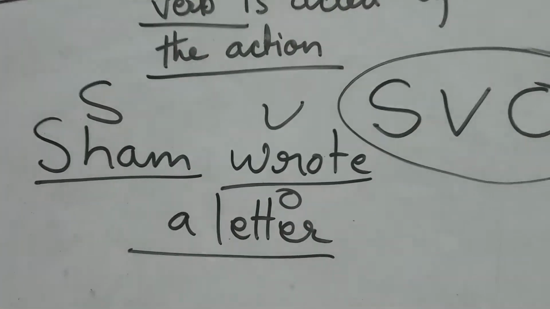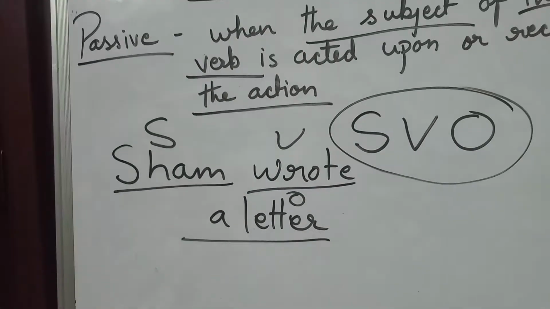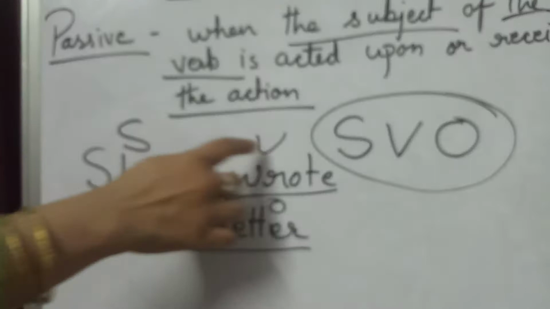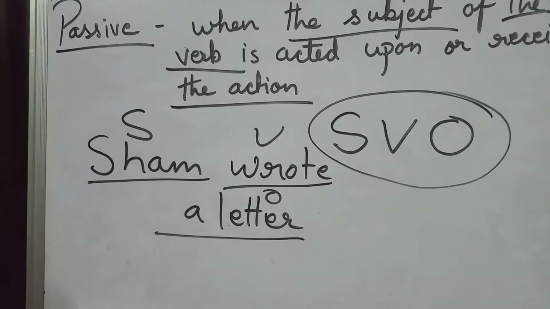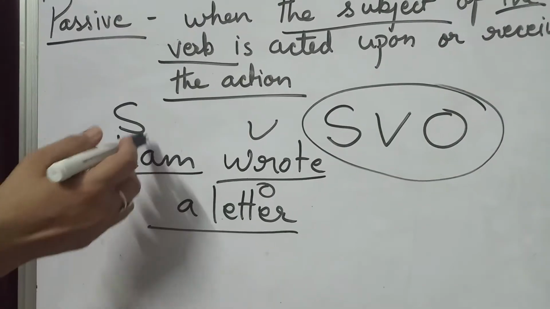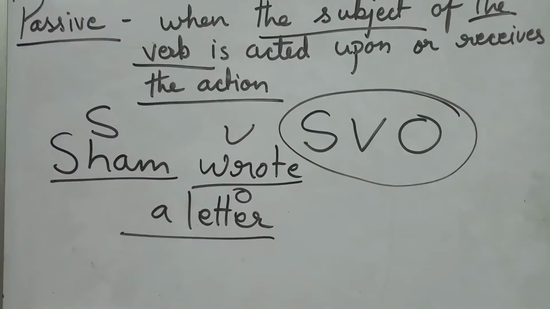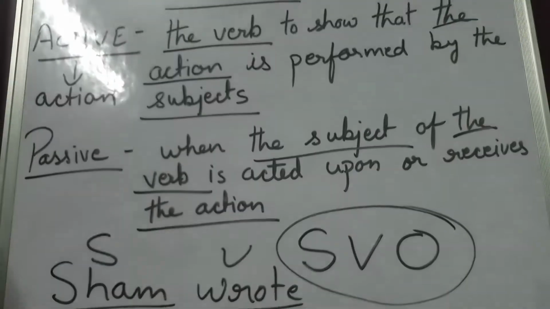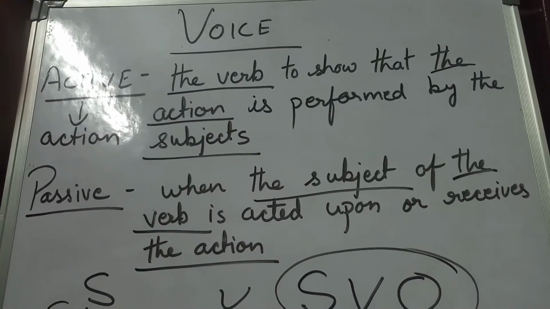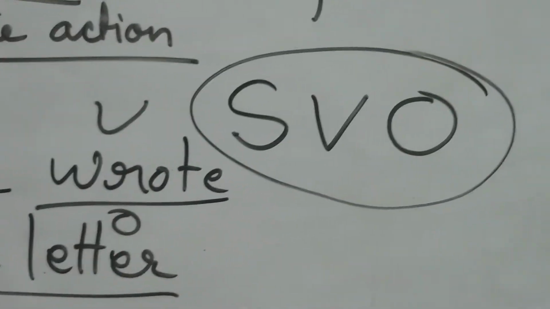If we are in practice of doing this, if suppose in 20 to 25 sentences we will write it in, if we are a starter, if we are just going through the starting of active and passive voice, we have to do this practice to mark subject, verb, and object. And if we are in that practice, gradually it will inculcate into us, and we will never go wrong. This never is a promise if you just follow the simple rules.